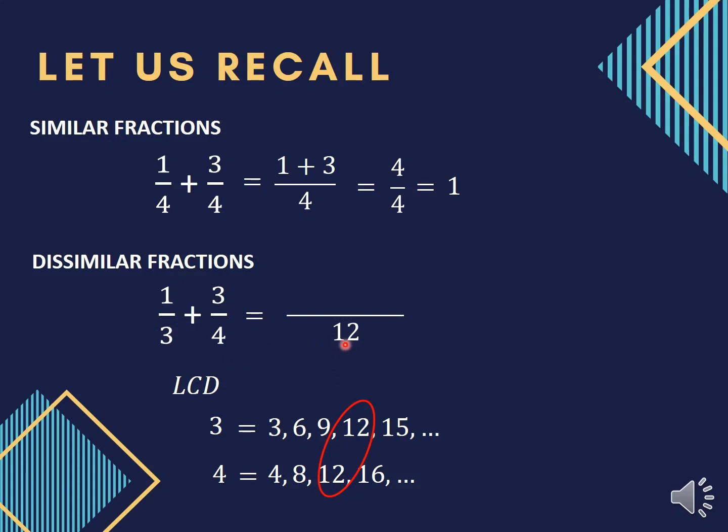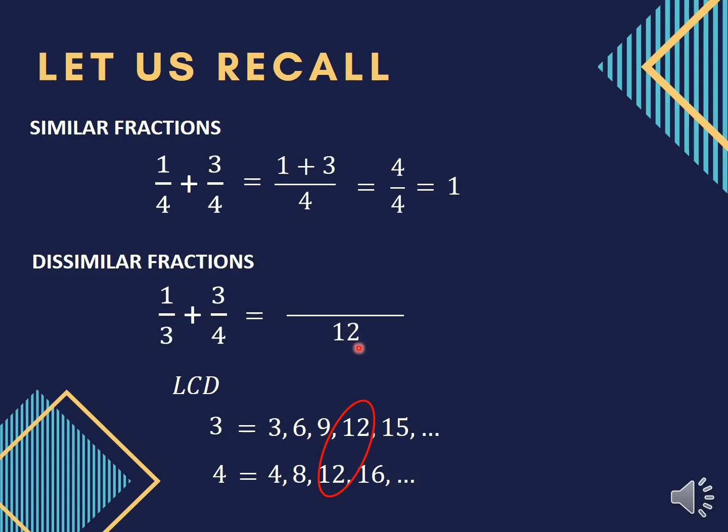Now, with 12, how are we going to find the numerator? Ganito po yan. 12 divided by the denominator and then multiplied by the numerator. Again, LCD divided by the denominator, i-divide. After that, i-multiply kay numerator.